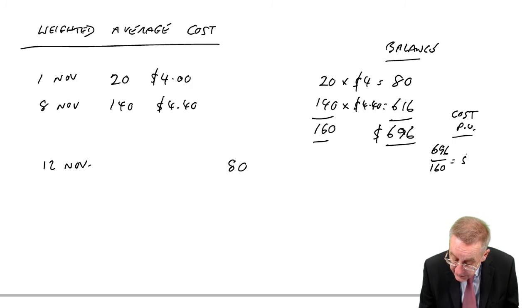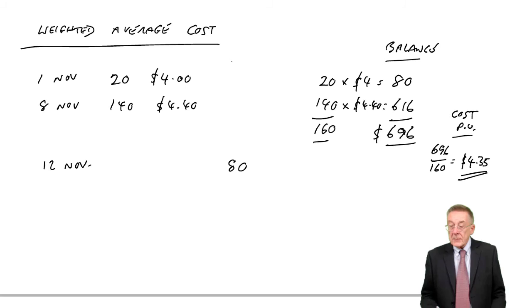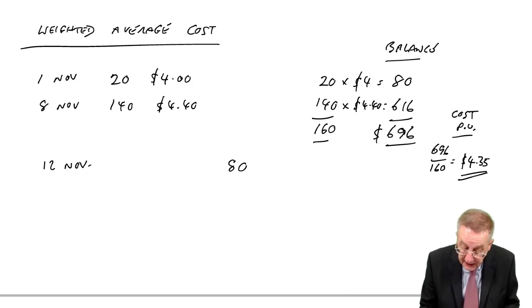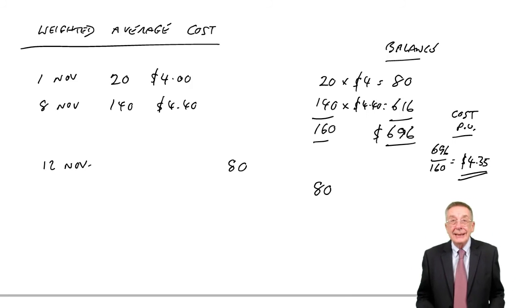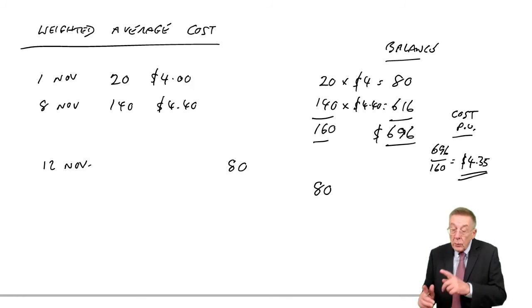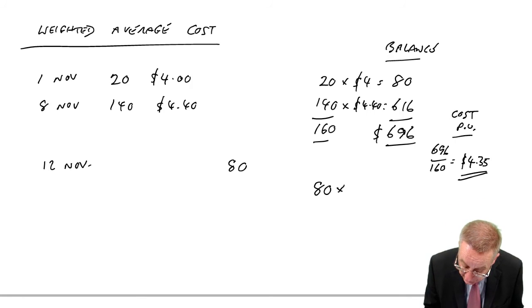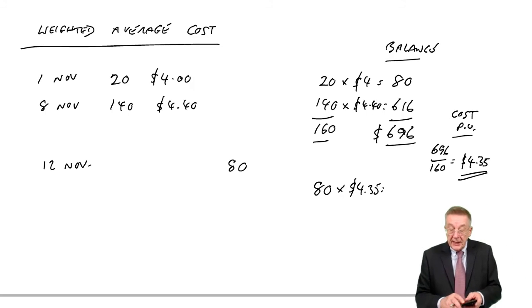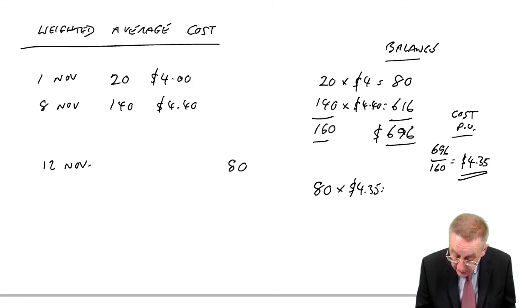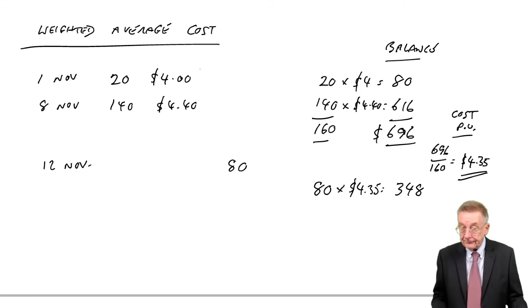On average, $4.35. And we say, okay, we've sold 80 of them, so there were 160. If we sell 80, we've 80 left. And again, instead of saying, oh, they're $4 units or they're $4.40, we'll value them at the average of $4.35. So the 80 units left at that stage would be valued at 348.